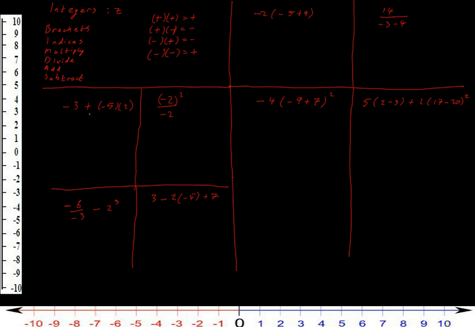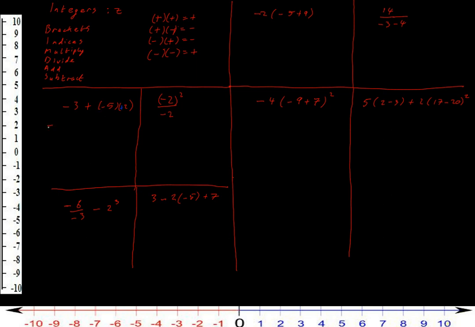So I have -3 plus -5 multiplied by 2. First thing that jumps out at me, this is a secret, +2. So I look at BIMDAS and I know that I have multiplication, so my multiplication and division is going to happen before my addition and subtraction. So I know I have to do this bit first.